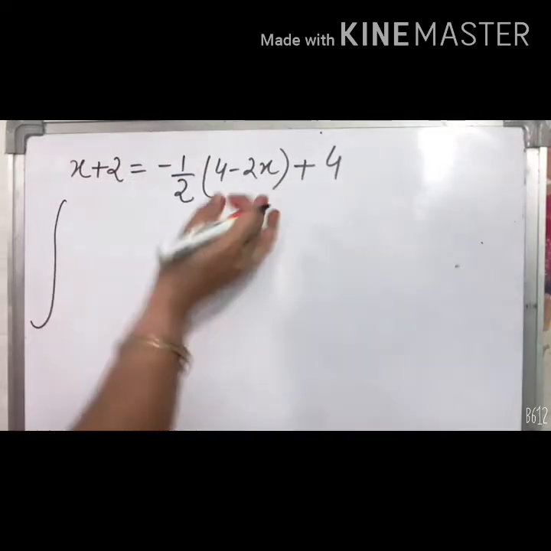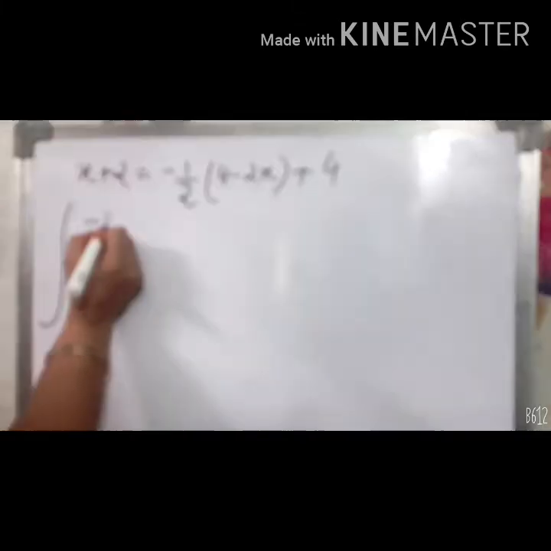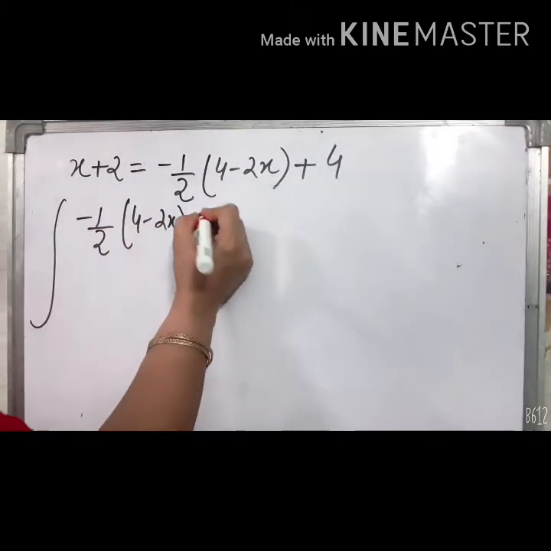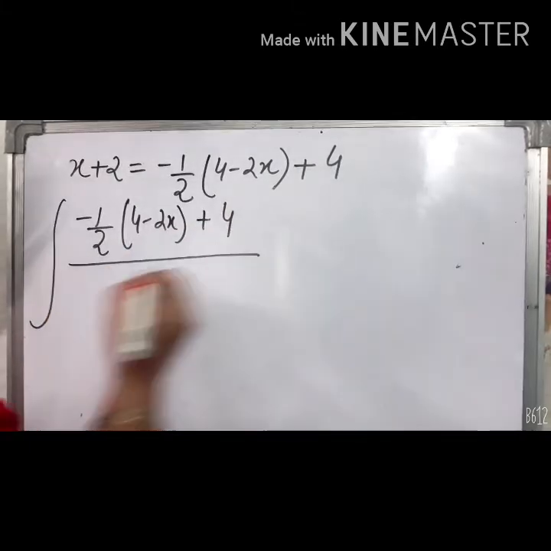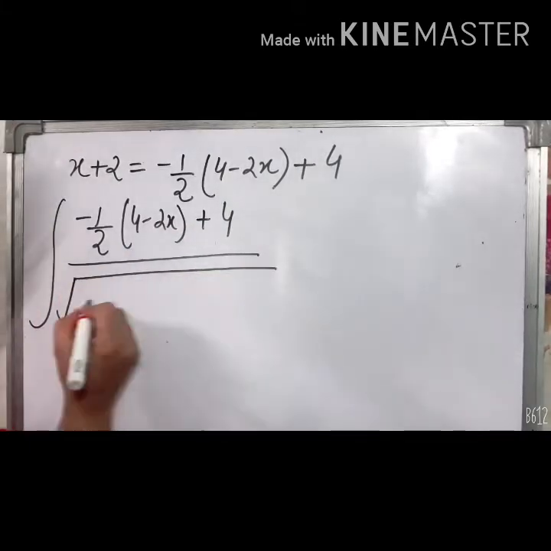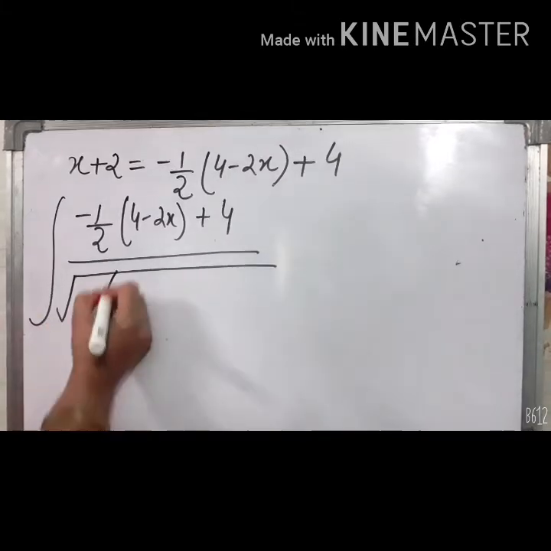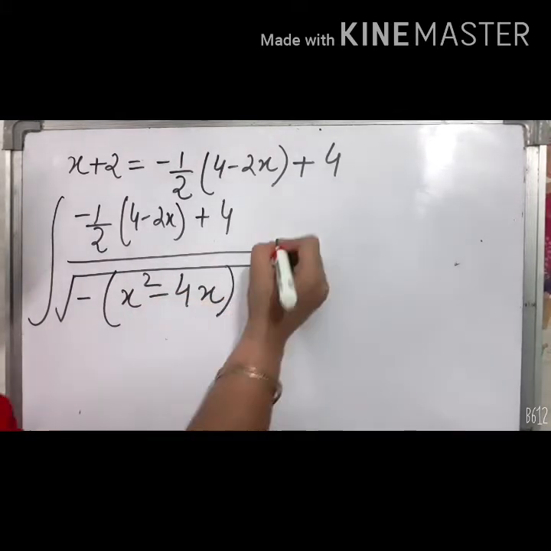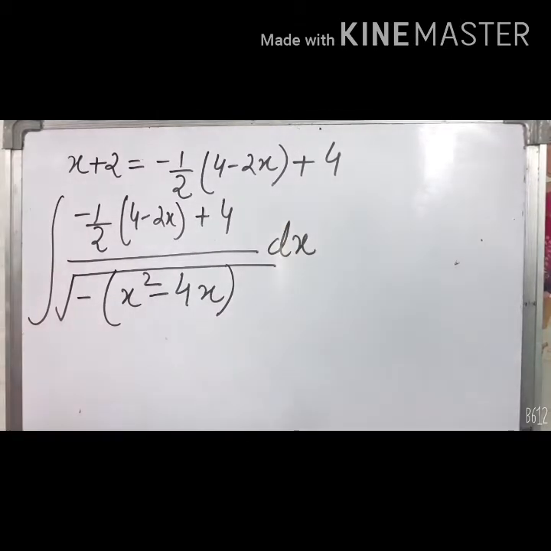Don't solve it because you will get the same thing. Keep it like that. Minus half (4 minus 2x) plus 4 by under root of minus, I took it common, it becomes x square minus 4x, dx.